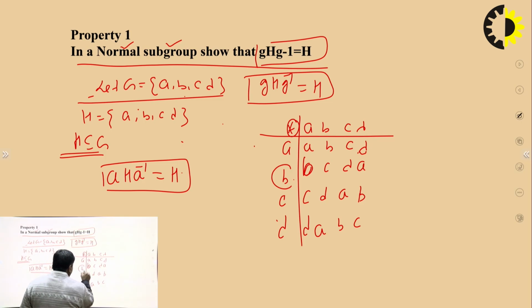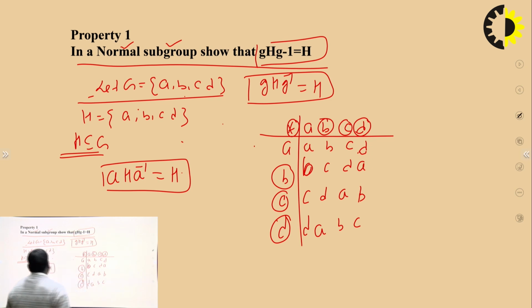Now the inverse of B is D, the inverse of C is C, and the inverse of D is B. It means B operate D; if we find H, then the theorem is proved.